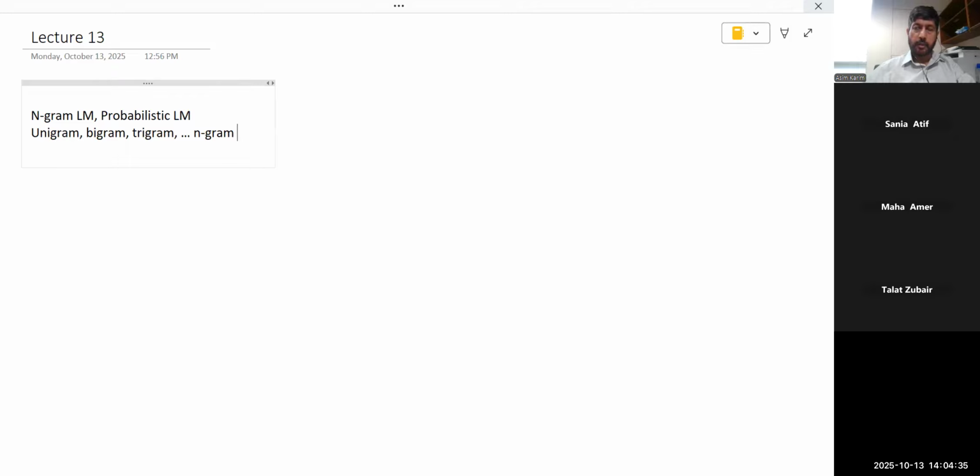The n basically refers to the total number of words in the context window. So we are predicting the next word given n minus 1 preceding context words. In the unigram, the total window size is 1, so there is no context word.